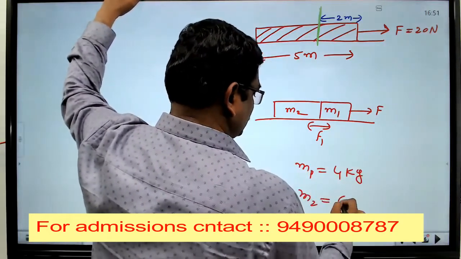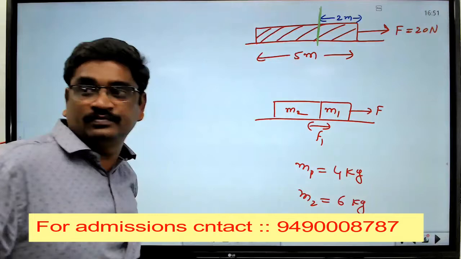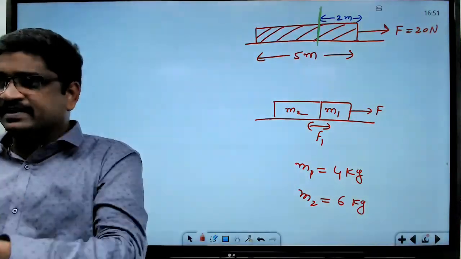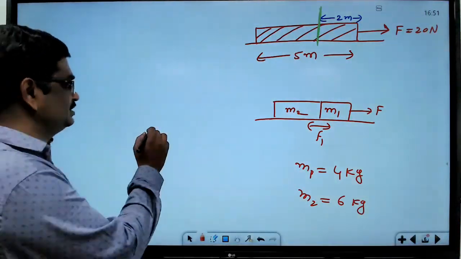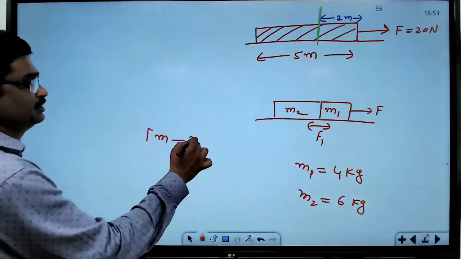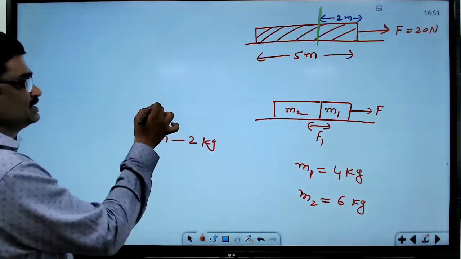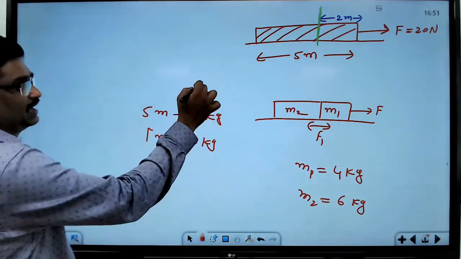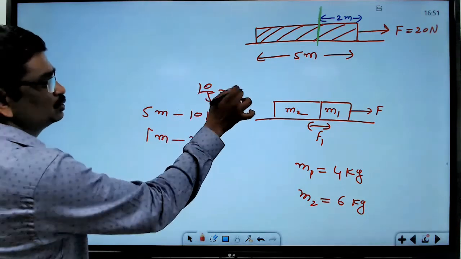For 5 meter length, what is the mass given? 10 kg. So for 1 meter length, 10 by 5, that equal to 2 kg.